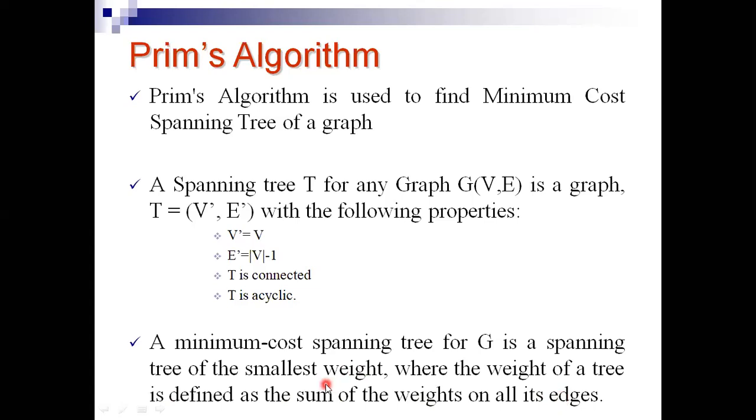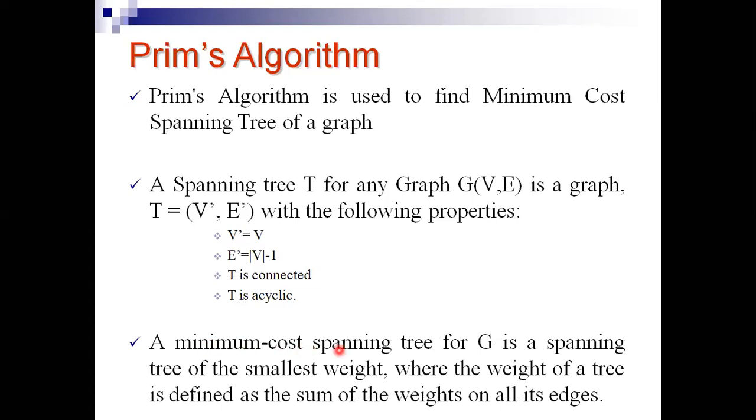So my task in Prim's algorithm is to find the minimum cost spanning tree. And you should remember that Prim's algorithm uses the greedy method, which is one of the algorithm design approaches. In the greedy method, we know that there are two kinds of solutions: feasible and optimal.